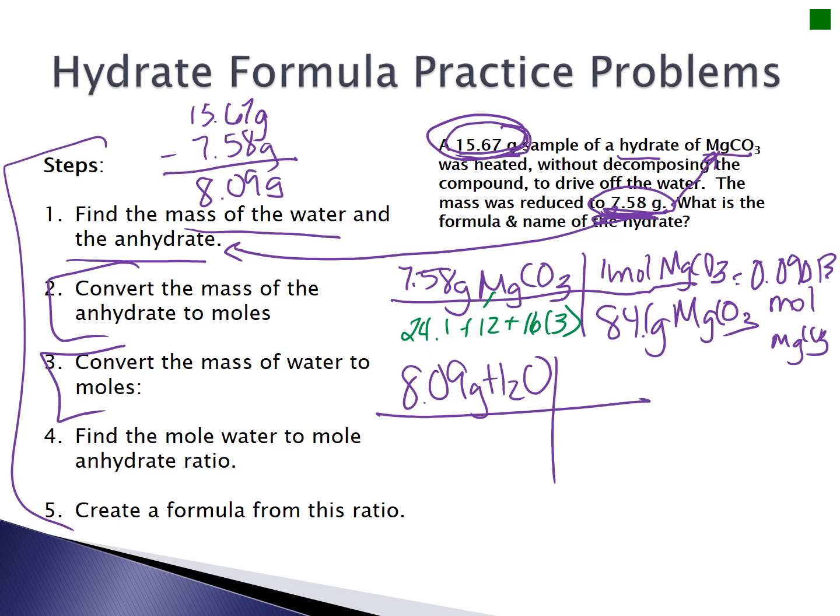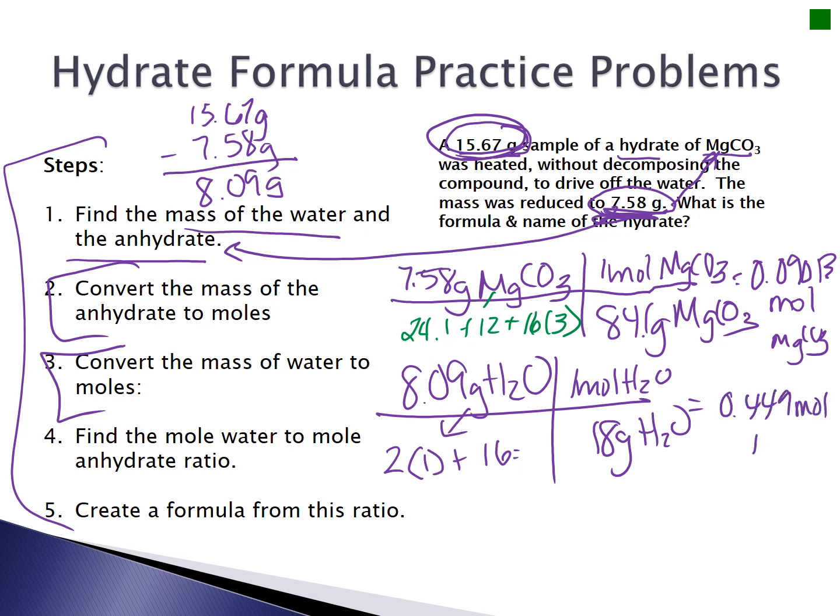Now convert the mass of water into moles. 8.09 grams. Water is 2 times 1 plus 16, so we get a total of 18 grams of H2O for every 1 mole of H2O. That equals 0.449 moles of H2O. Now we're going to find the mole of water to mole of anhydrate ratio.